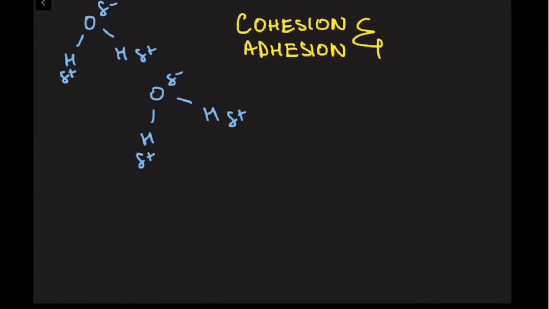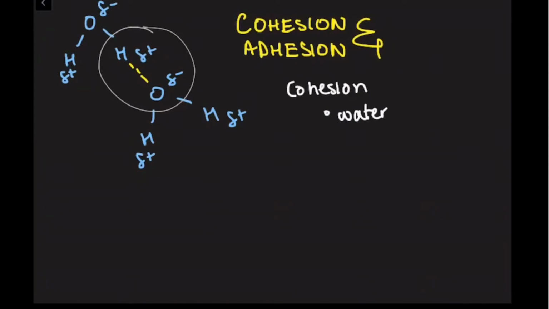The opposite partial charges attract each other. This forms a hydrogen bond. So basically these two molecules are sticking together because the opposite charges attract, and that's exactly what cohesion is. Cohesion is when water molecules stick to each other.